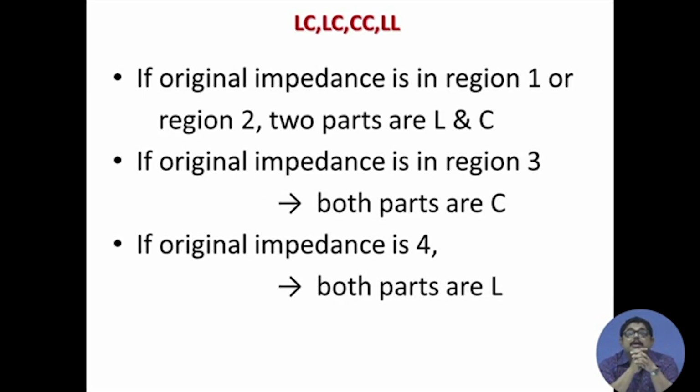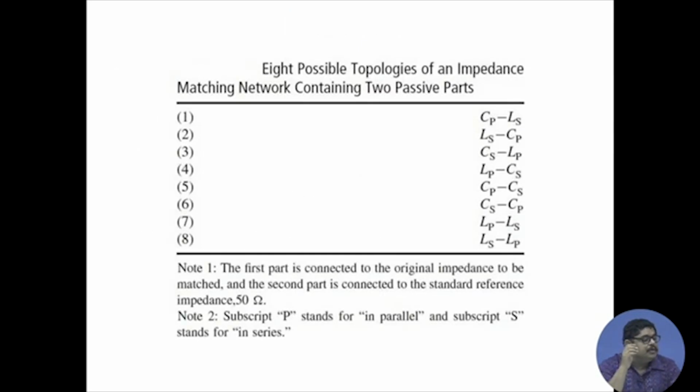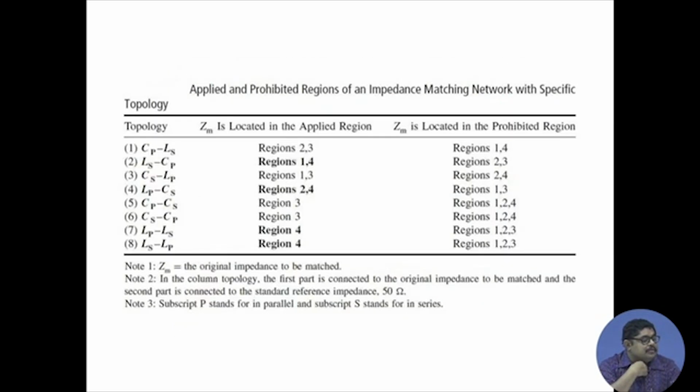Whereas, if you are in region 3, then both parts are C. If the original impedance is in region 4, then both parts are inductances. Now, you can decide among 8 possible topologies.